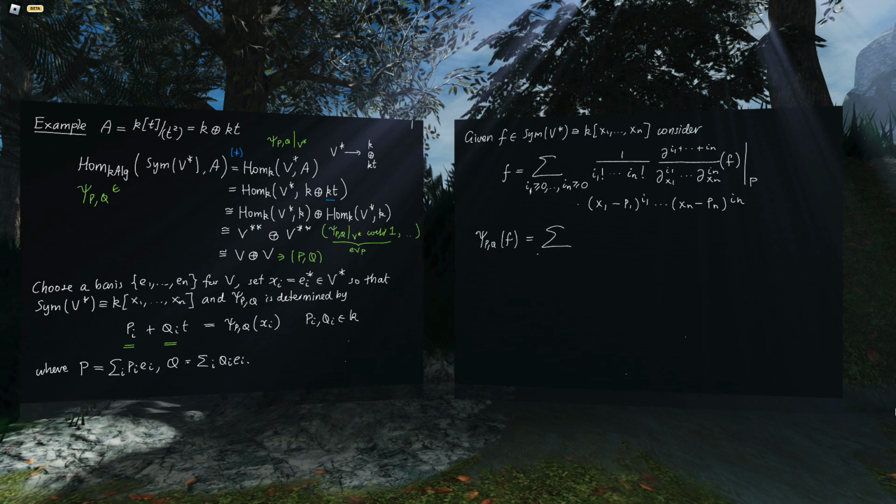This is a k-algebra homomorphism, so in particular, it's linear. Let me just write this. Same expression, I'm just going to simplify it. This is just a number. And then I've got psi_PQ of this stuff.